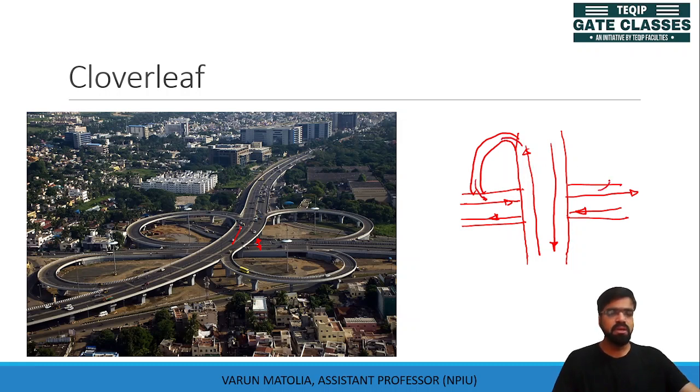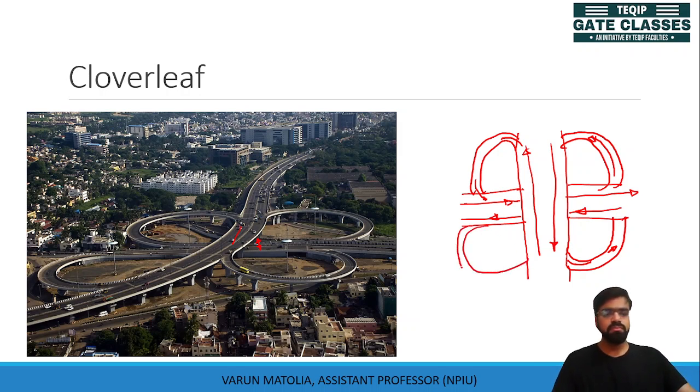A loop here for these vehicles to go and merge into the another lane. Then a loop here for these vehicles to move here in this direction and merge with this lane, and another loop here if they want to merge in this direction.